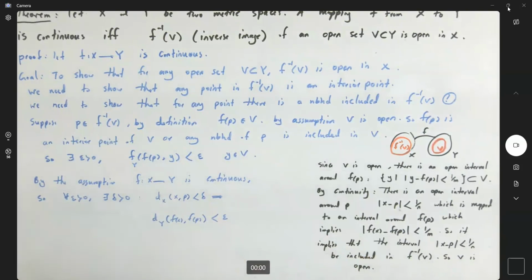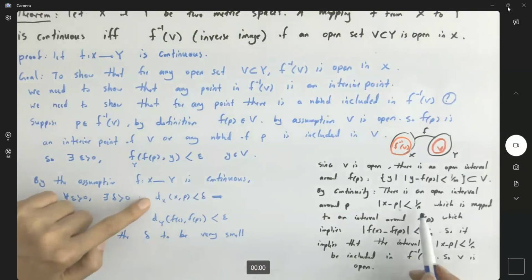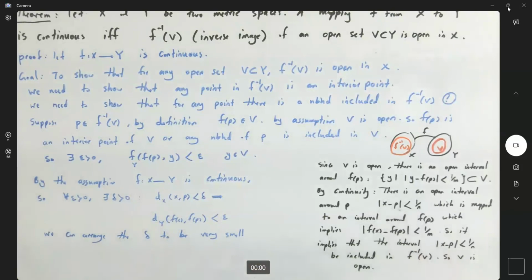So in a more general version, we can arrange the delta to be very small. As you can see, your delta is 1 over n, and you can take this very small value.